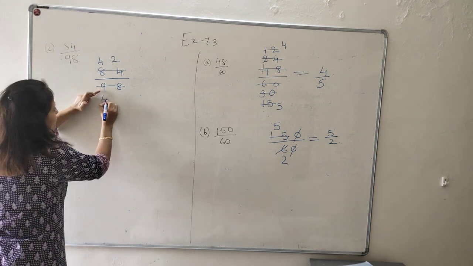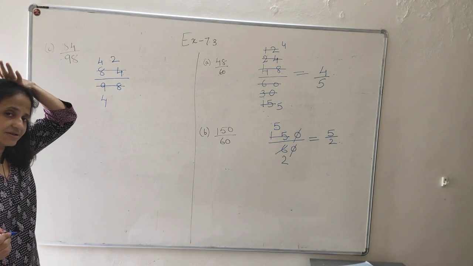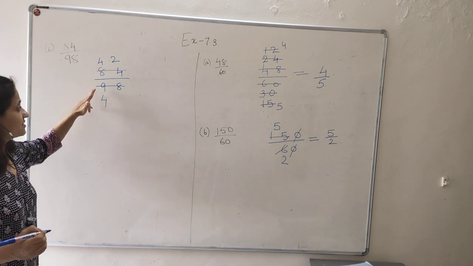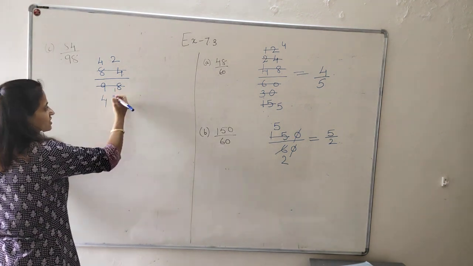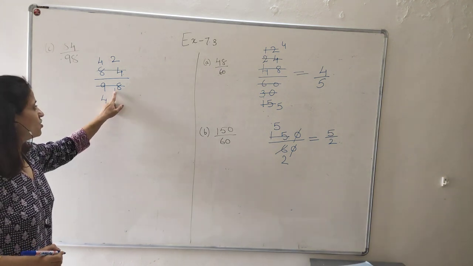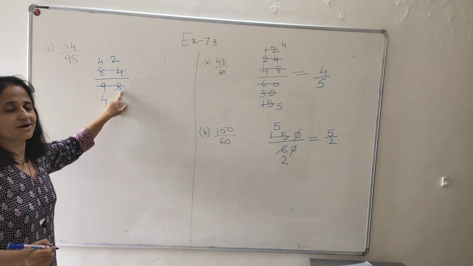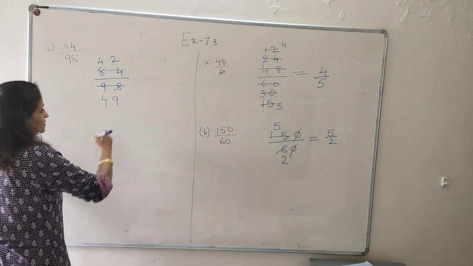So 2 4s are 8. 8 you keep it in mind. Now here it is 9. In your mind it is 8. 9 minus 8? 1. So 1 can be given to the neighbor. Write small 1 beside it. It becomes 18. Now read the table of 2 till 18. 2 9s are 18.